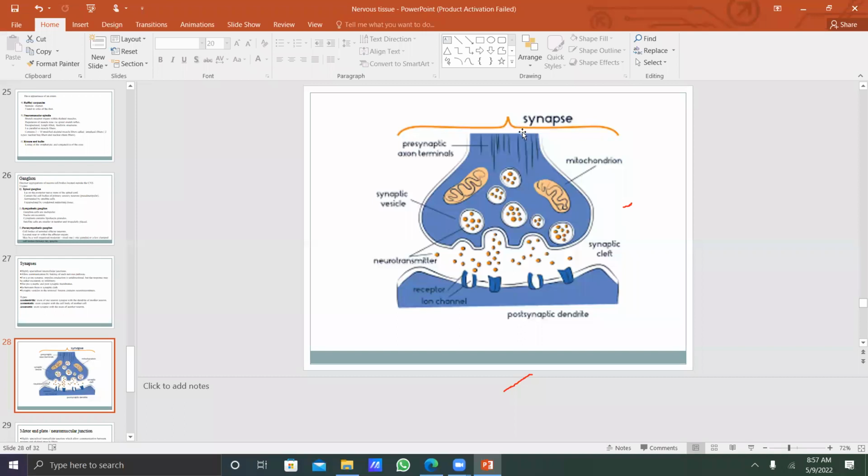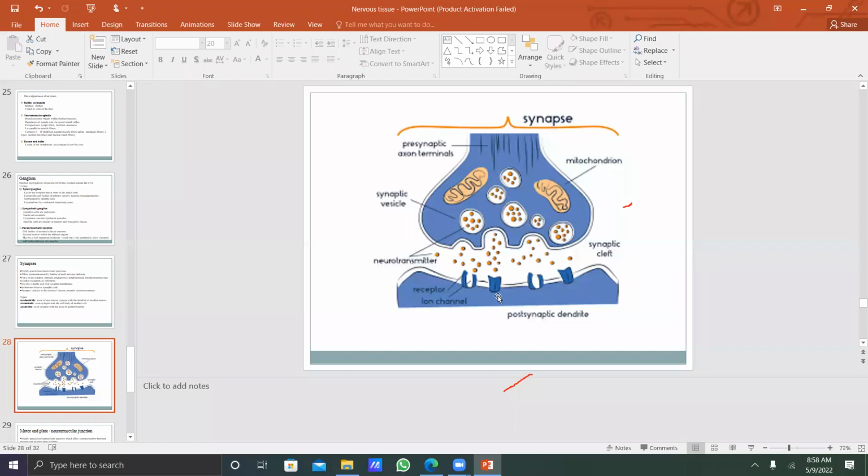This is a picture of a synapse. This is the first neuron. This is the synaptic end bulb. So this is the presynaptic membrane. Near this presynaptic membrane, there are synaptic vesicles containing neurotransmitters. And the synaptic end bulb is dense with mitochondria.